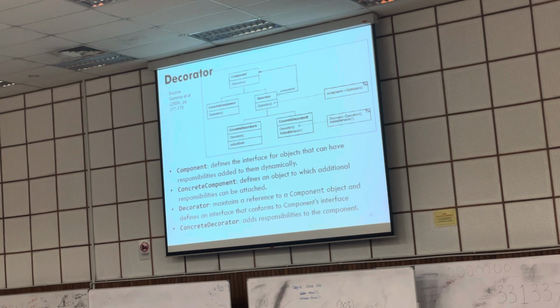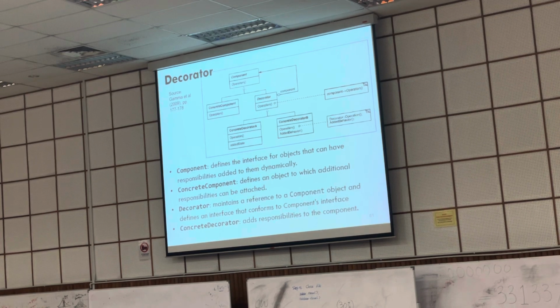So if you want dynamically changing functionality, we can go for decorator, where get price is overridden here, and get price is also overridden based on that particular concrete decorator class. This is the design. If you follow it, you can create a reusable, flexible, maintainable program.